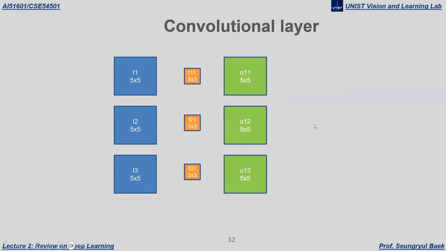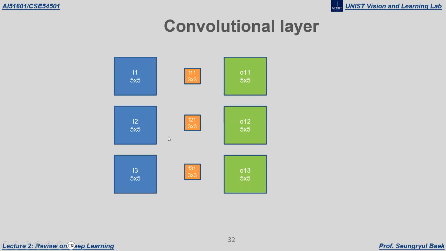So the input size is somehow fixed. You are having 5 by 5 and 3 channeled inputs now. But if you want to generate an n-dimensional output, whose width and height are the same as the original input image, then you have to use 3 multiplied by n number of filter kernels, okay?